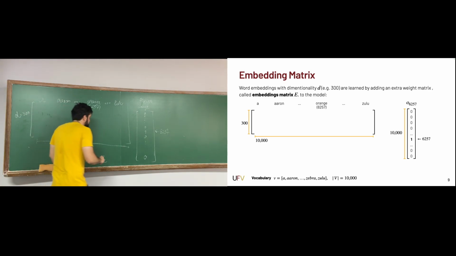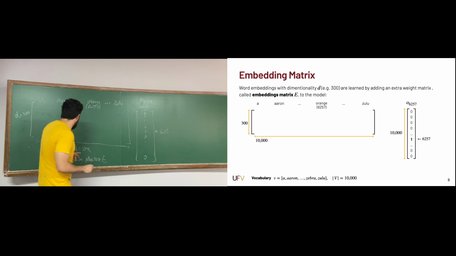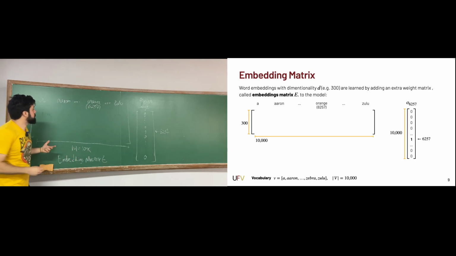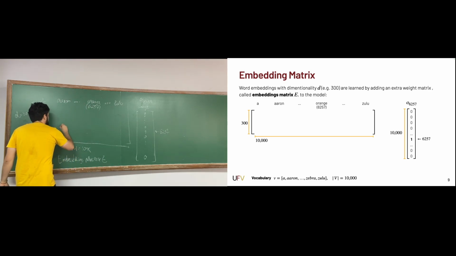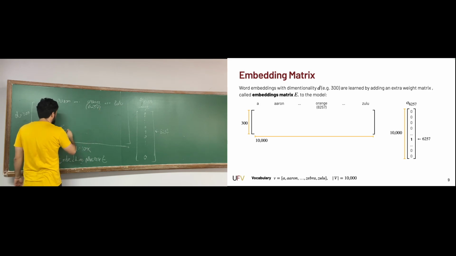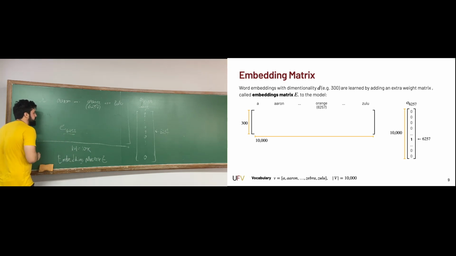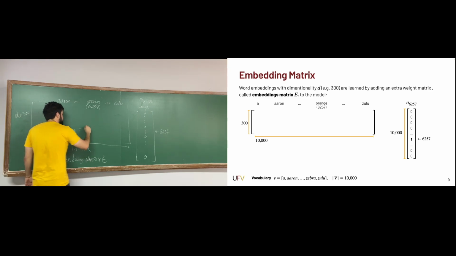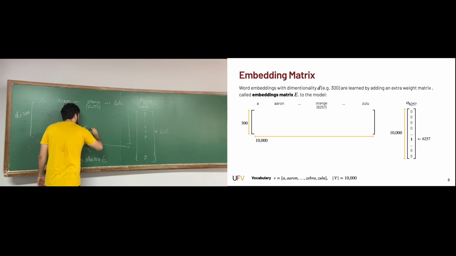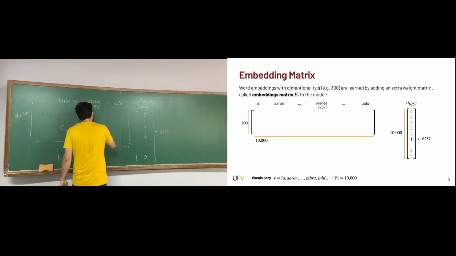I want to produce an embedding vector. I'm going to write it here, E, let's use that index, 6,257. I want to produce an embedding vector by just multiplying this matrix with my O vector. That's the idea.